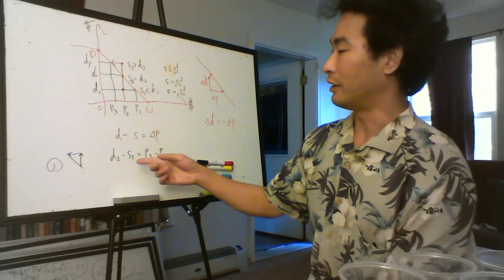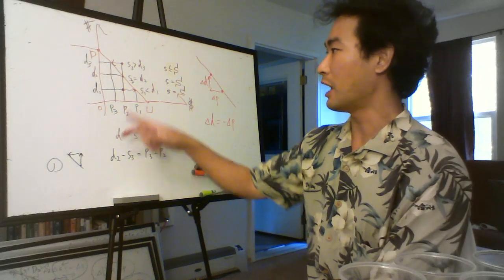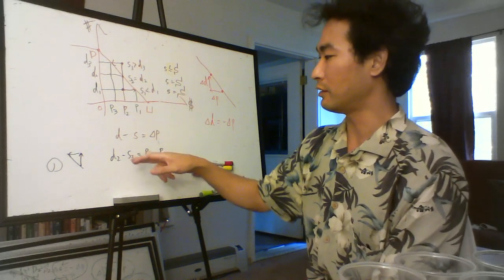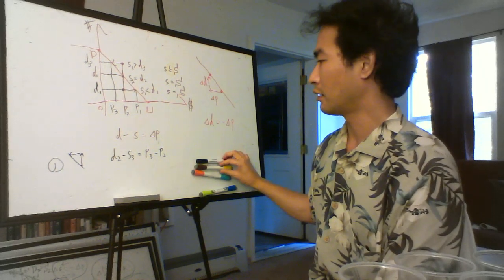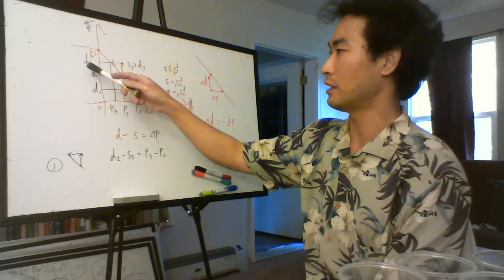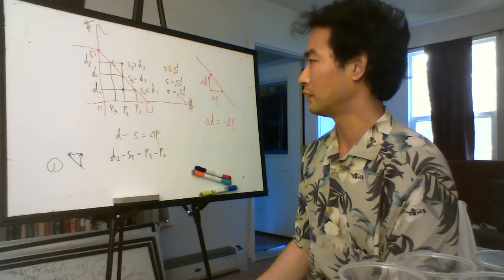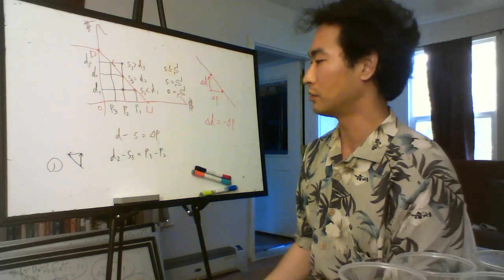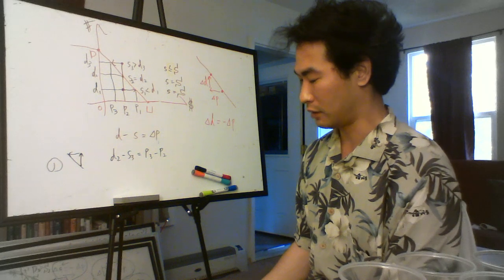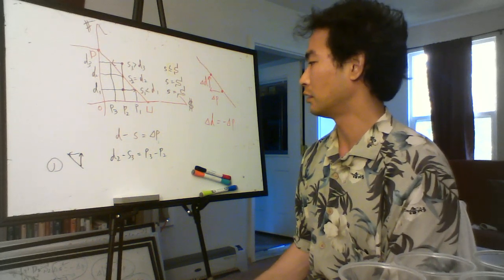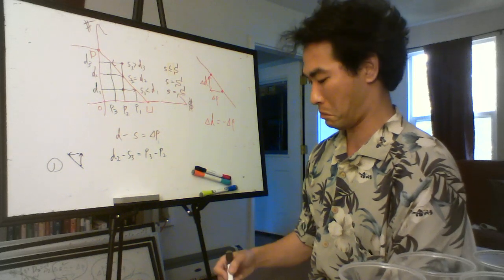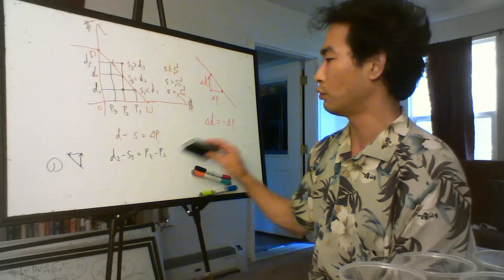But thinking about it, yeah, D2 is same as S3, right? I mean, D2 is same as S2, so also S3 is same as D3, right? S1 is same as D1, so this is like, we can think of this two ways, okay?